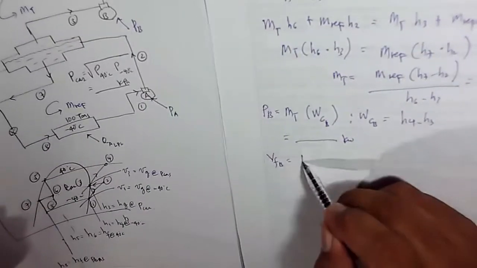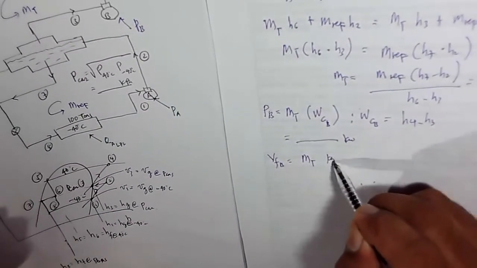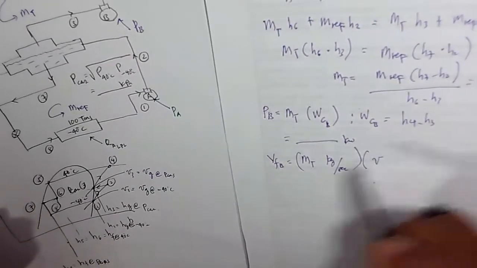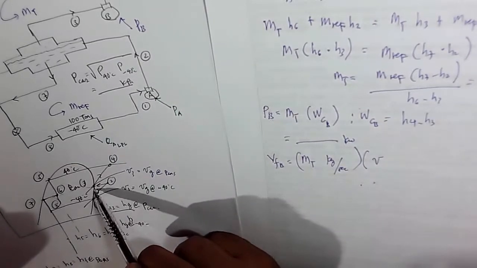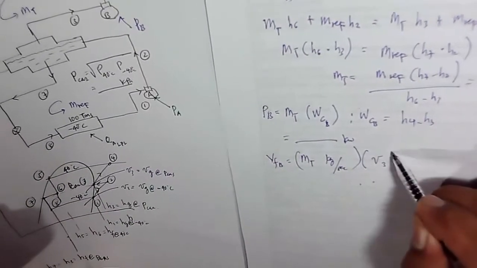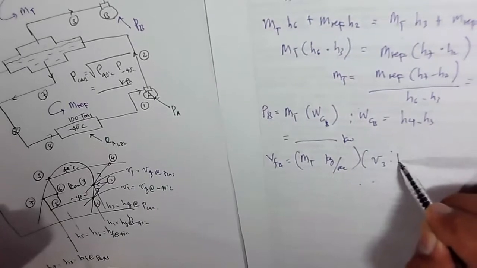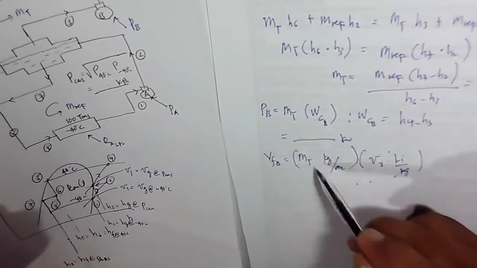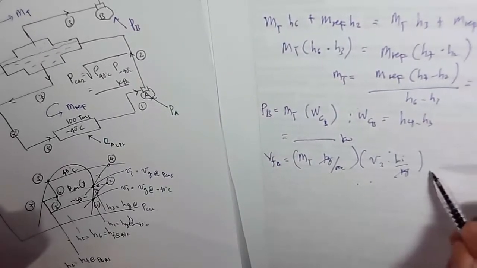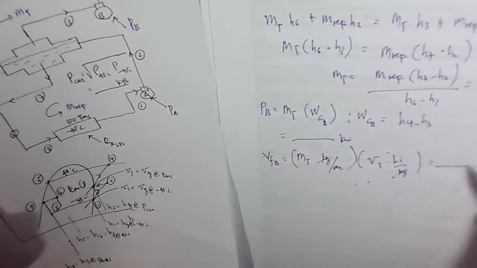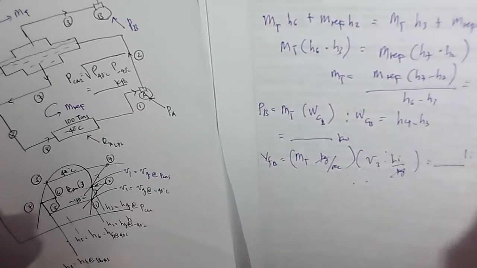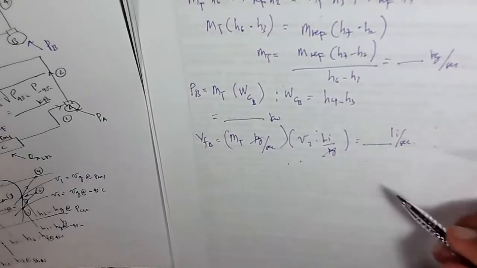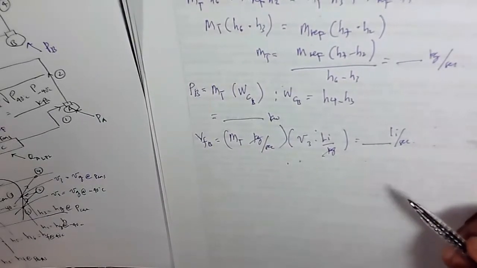So that we have mT in kilogram per second, multiply that by specific volume at point 3 in liters per kilogram. So you can cancel that. You have your liters per second, or if you want, convert that into liters per minute.